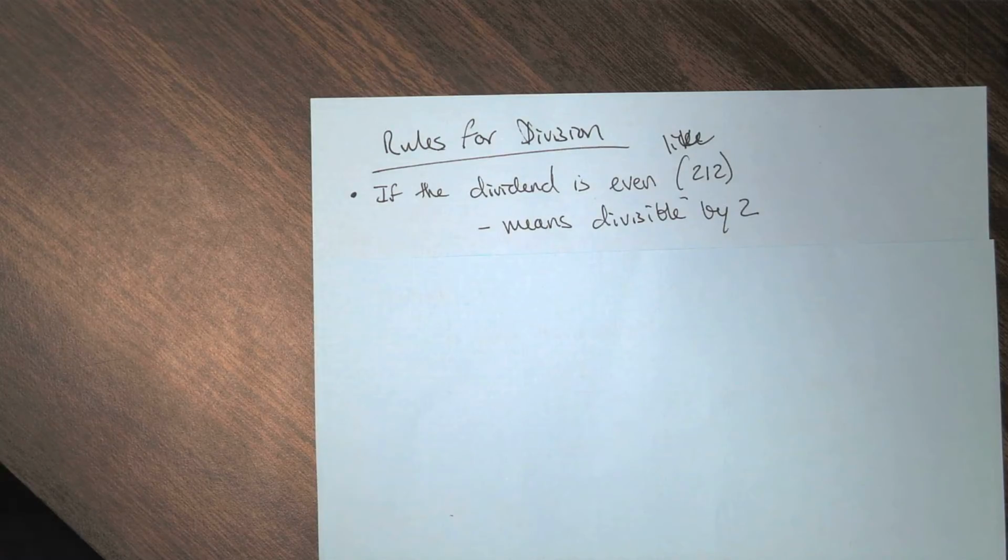What does that mean? After the V in division. If the dividend is even, like 212, it means divisible by 2.